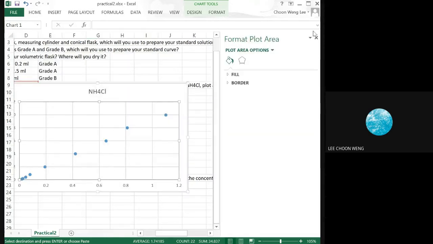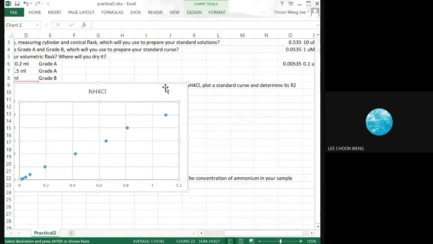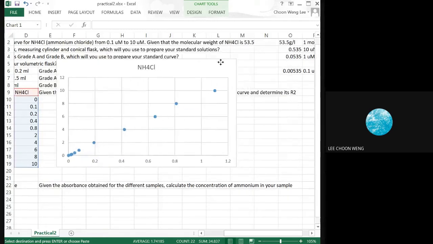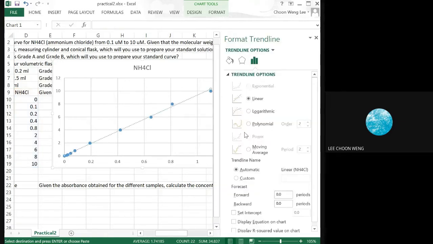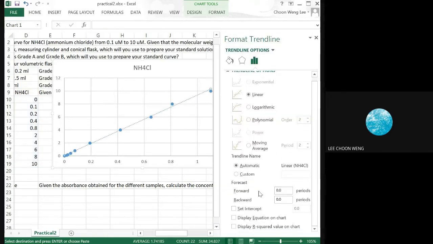It looks good. I'll draw a trend line. Right click here to add a trend line and also to display the equation in our script.